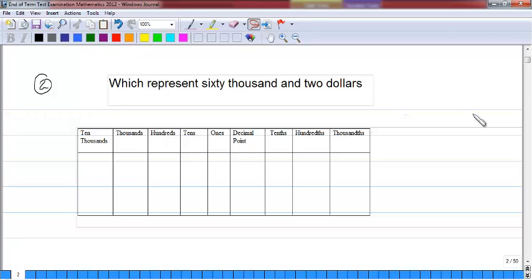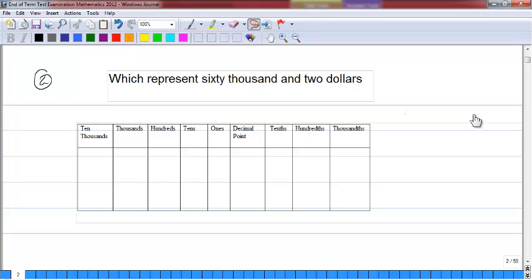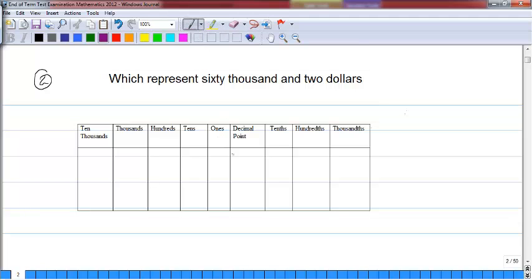Number 2. Number 2 says, which represents $60,002? Let's put in what we have here in the grid. So writing from right to left, we have our decimal point here.